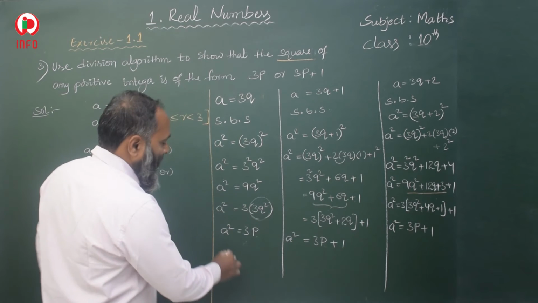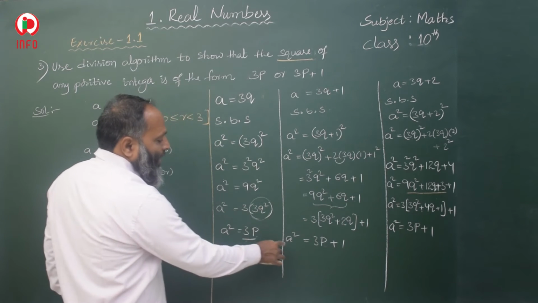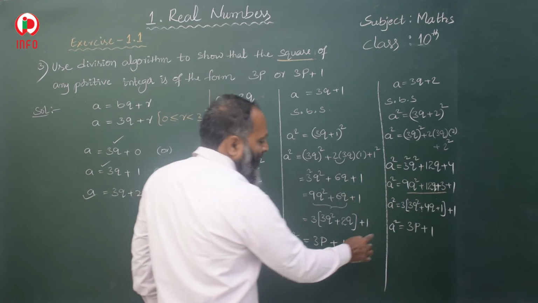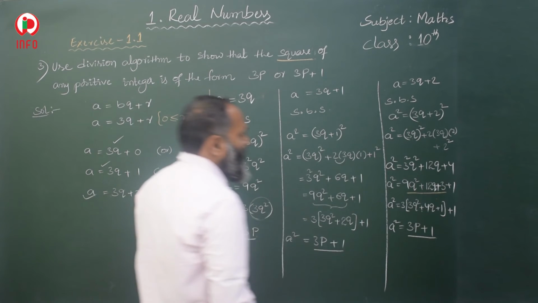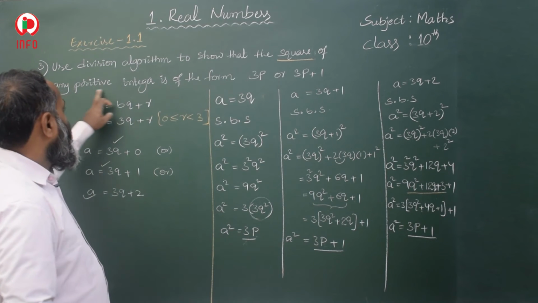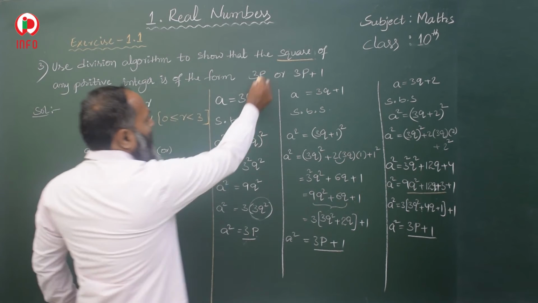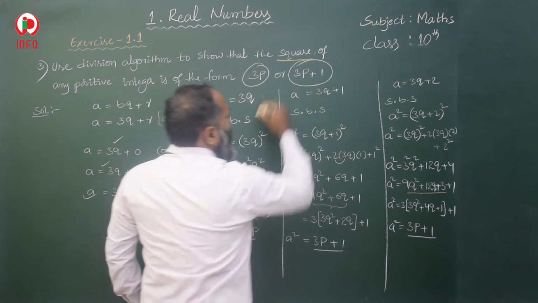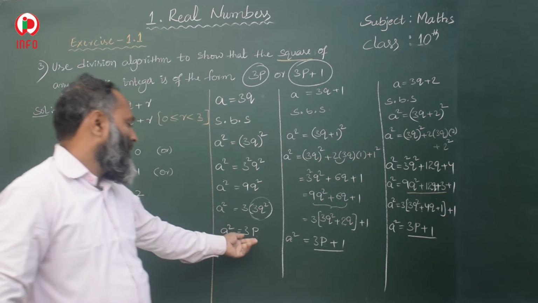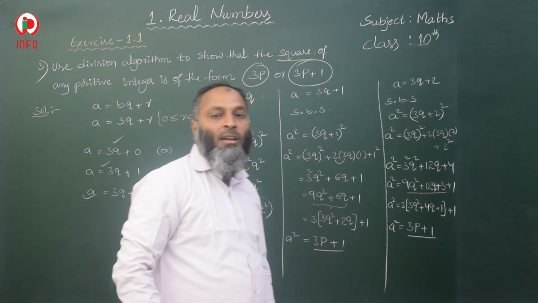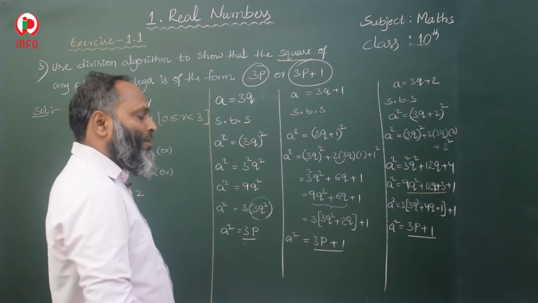So here a² is in the form of 3p, and a² is in the form of 3p + 1. What he is asking: any positive integer is in the form of 3p or 3p + 1.